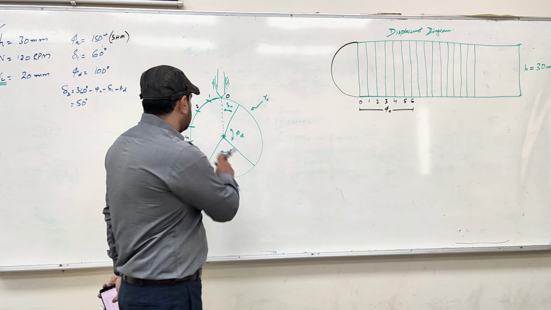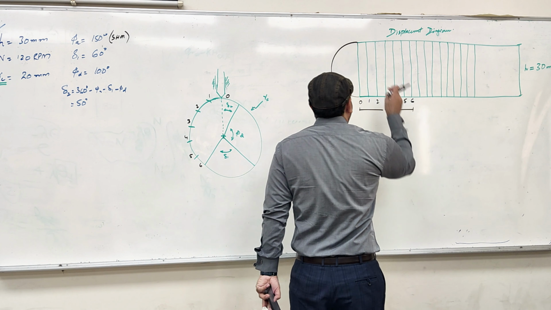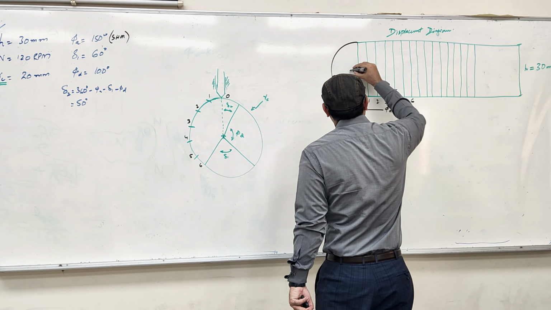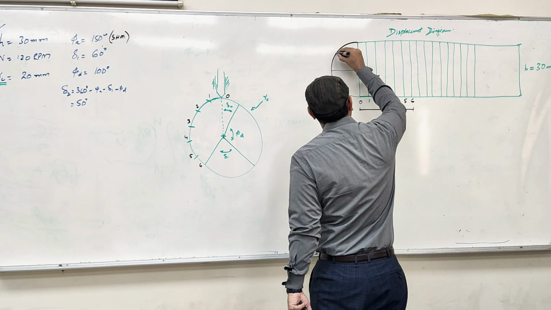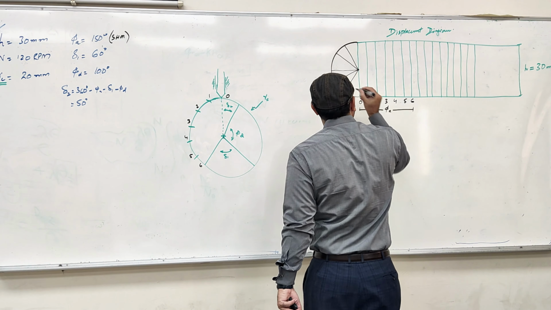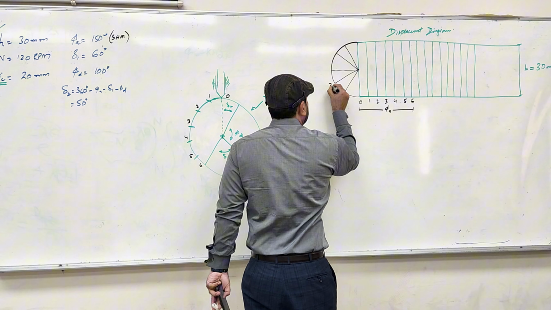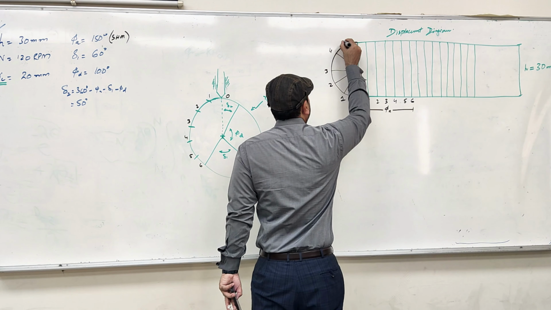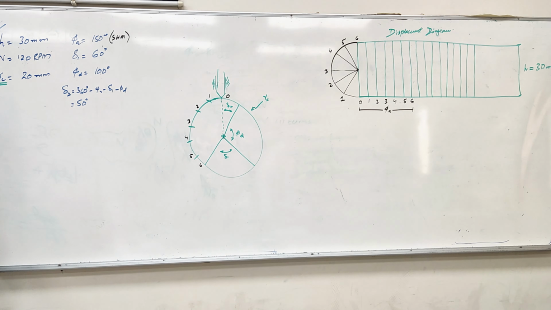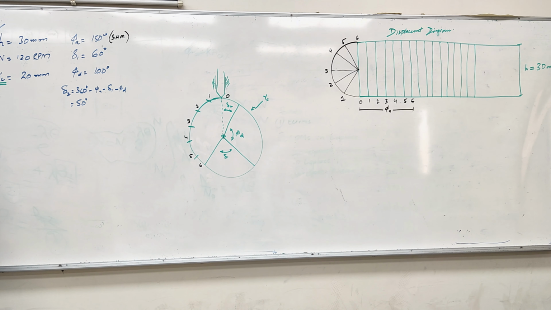Okay, since we have 6 divisions over here and 6 divisions over here, we have to divide the circle for simple harmonic motion into 6 divisions. So let me divide it. You have to divide it precisely according to the angles. 0, 1, 2, 3, 4, 5, and 6. Okay?